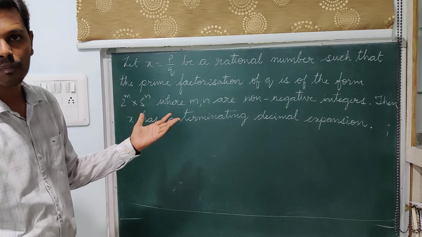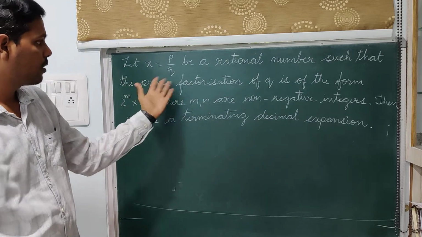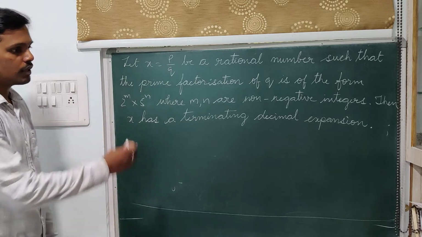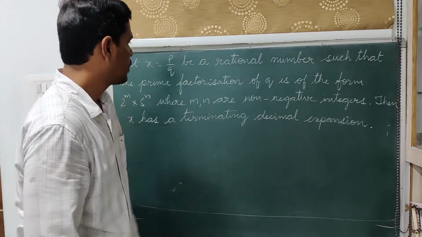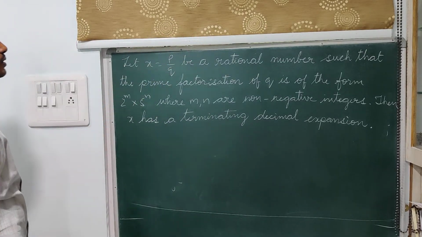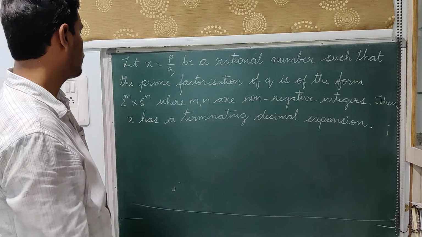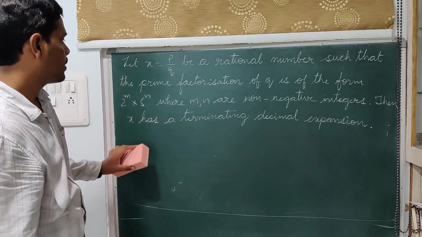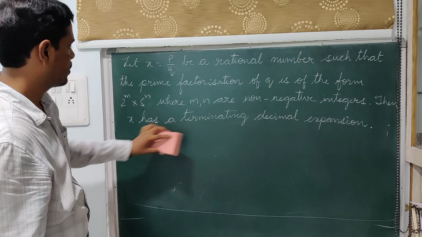So that is the next statement that you can make parallel to a terminating decimal. Let me also write that. So let x is equal to p by q be a rational number such that the prime factorization of q is of the form 2 power m into 5 power n, where m and n are non-negative integers, then x has a terminating decimal expansion.